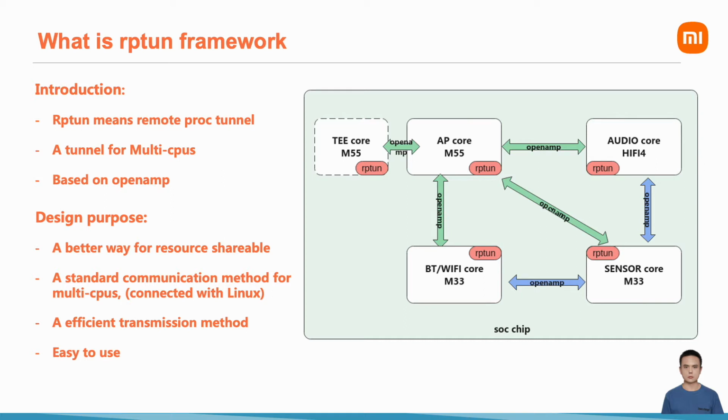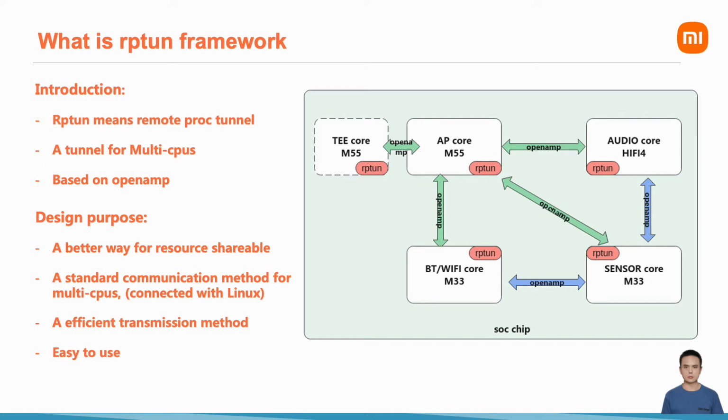Rptun means remote proc tunnel, a tunnel for multi-CPUs, one kind of IPC. Rptun is based on OpenAMP. Rptun is a better way for resource sharing. Rptun is a standard communication method for multi-core, multi-CPUs.